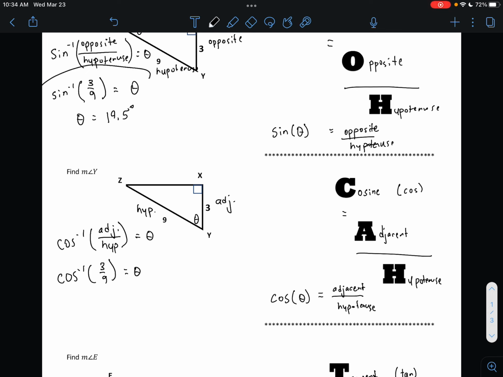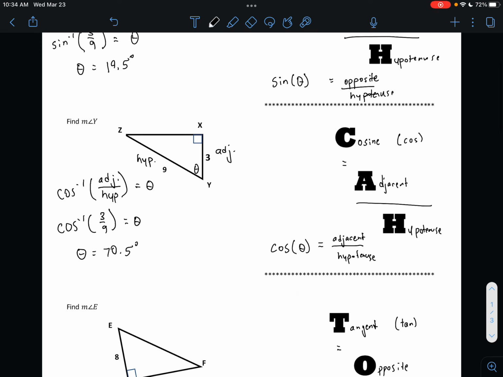So it looks just like inverse sine of 3 over 9, but it's cosine instead. So plug that in the calculator. Second, then push the cosine button. 3 divided by 9, and we get about 70.5. Theta is about 70.5 degrees.